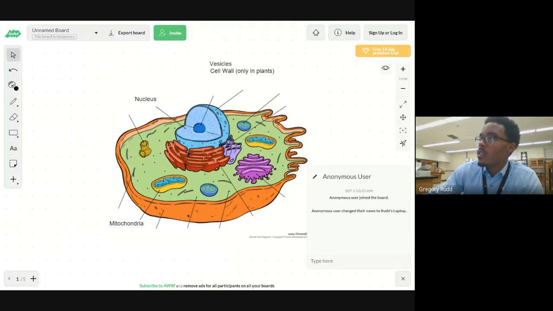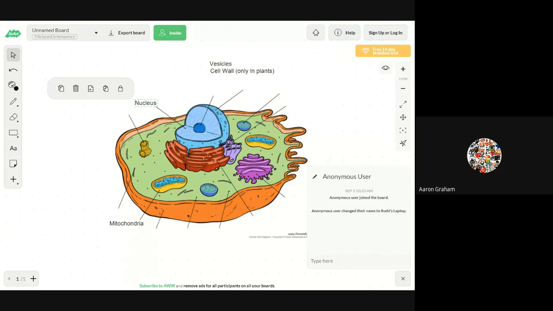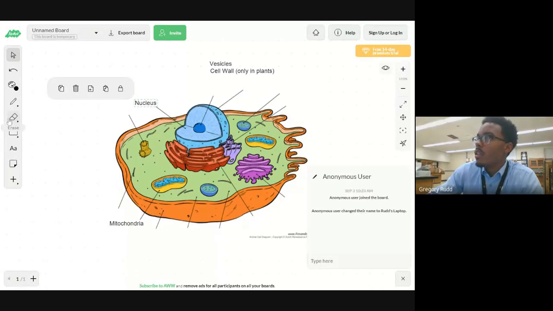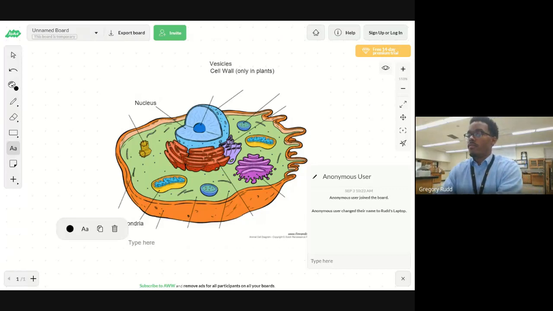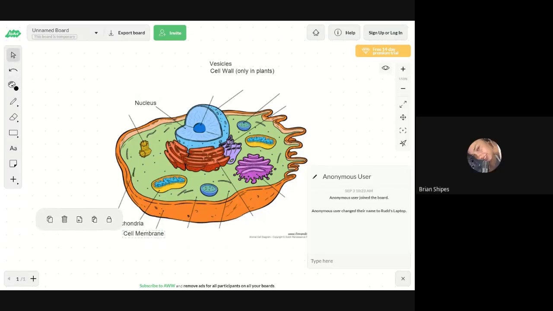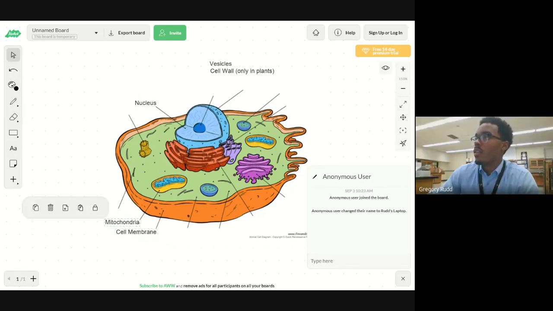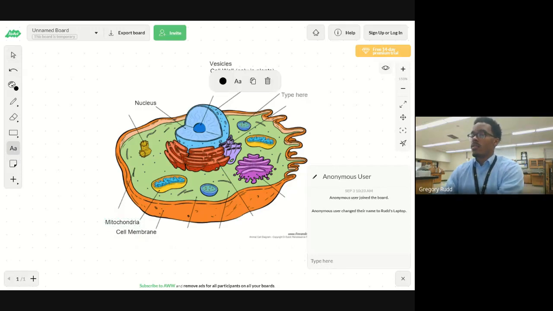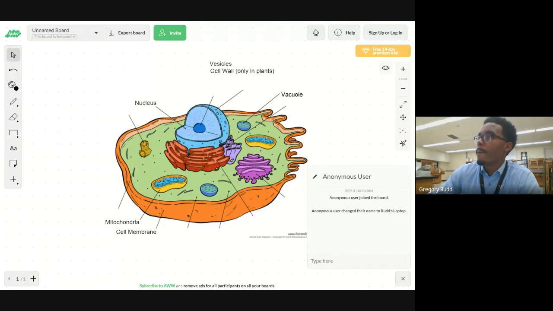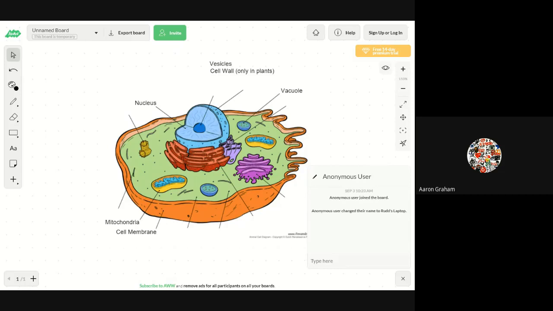Anything else? Cell membrane. Good. I don't know if it's up there, but the vacuole. Good. Okay, you guys know a lot. Any others? Ribosomes.